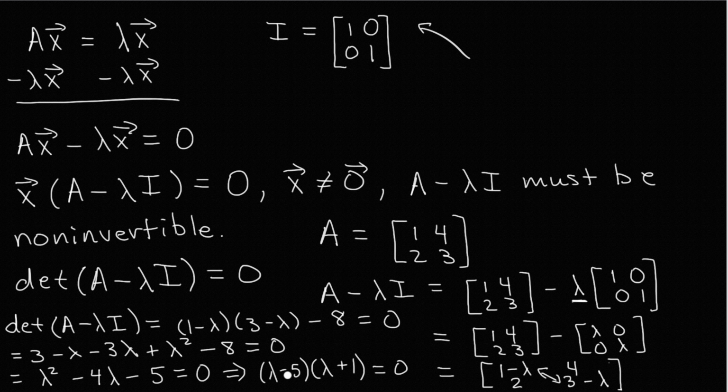So now if I set these two factors equal to 0, I know that lambda minus 5 has to be 0. So that means lambda has to be a positive 5. Or if you solve this one being equal to 0, you'll get negative 1. So lambda can also be a negative 1. So these are my eigenvalues.